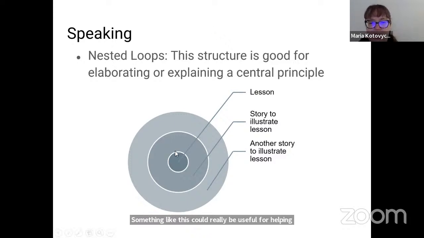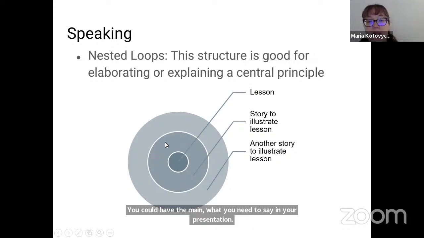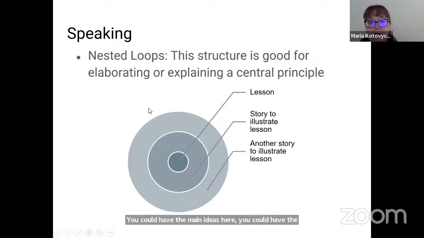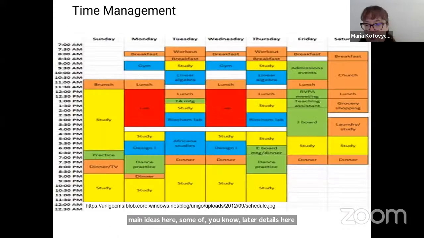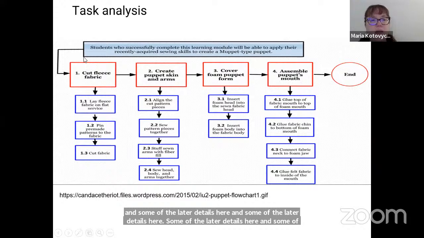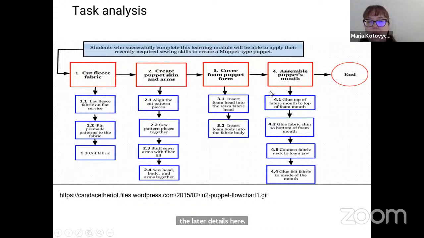You could have the main ideas here, and some of the later details here. For a presentation, something like this can also work really well. So these are, say, the sections of your presentation, the main ideas, and then some of the details here. And then you could talk about the different details, and you could even have this in front of you when you're presenting.